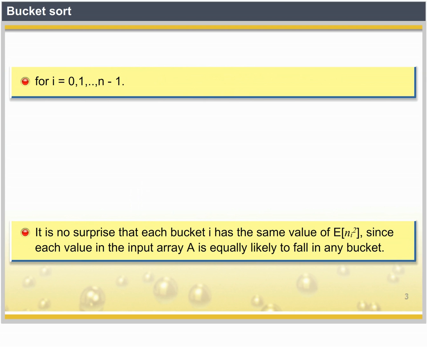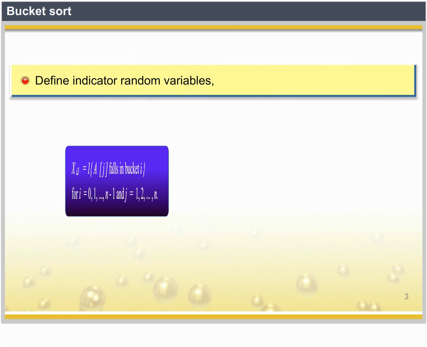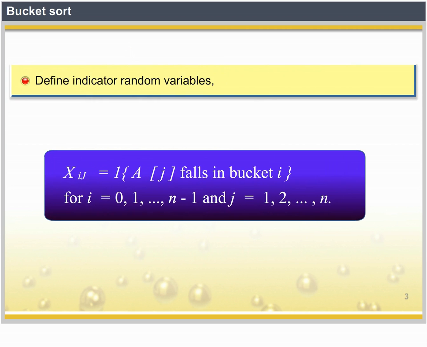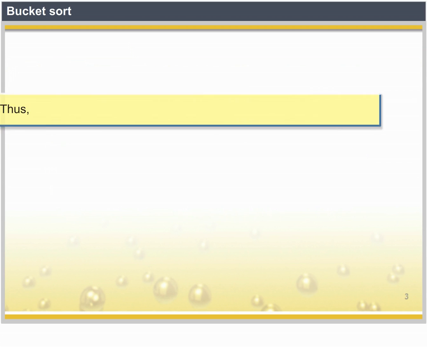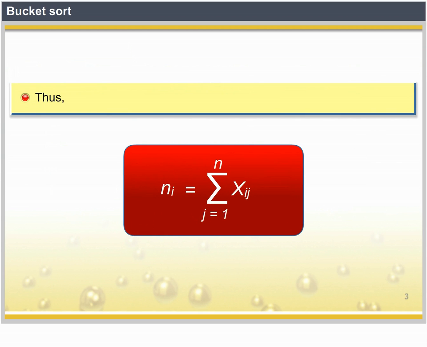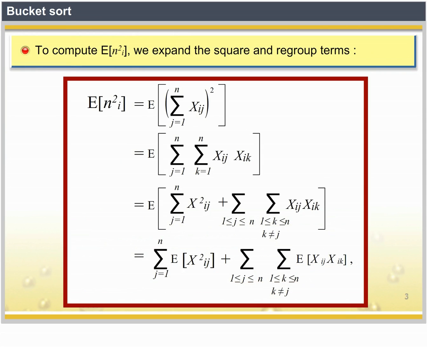Define indicator random variables, which is shown below. Thus, ni = Σ_{j=1}^{n} Xij. To compute E[ni²], we expand the square and regroup terms, as shown below, where the last line follows by linearity of expectation.